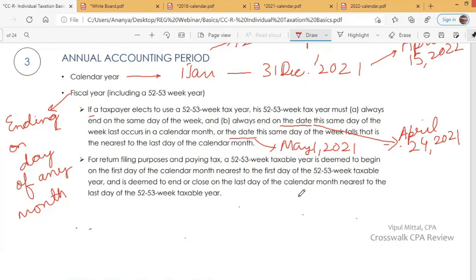Now, when will you file your tax return for this 52-53 week tax year? Let's read.